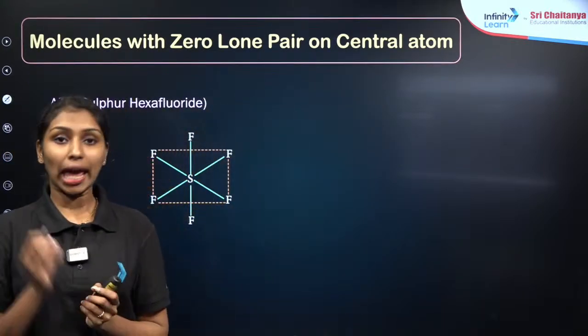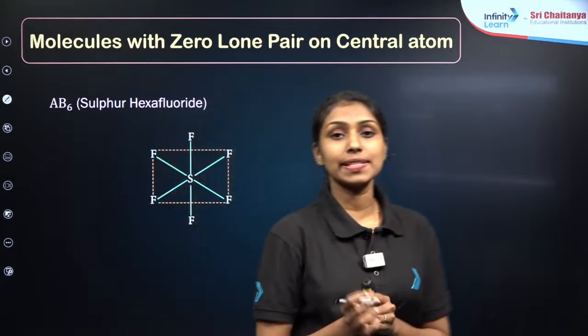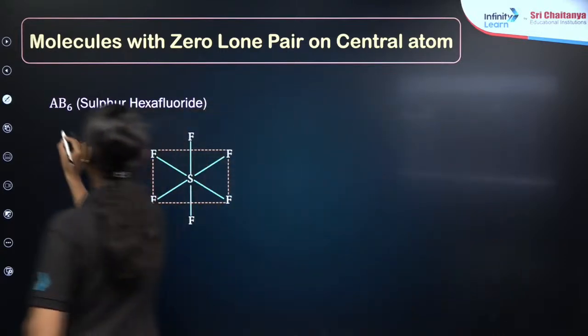The last type is the AB6 type, in which 6 bond pairs are present with 0 lone pairs. So I am taking here 6 bond pairs.